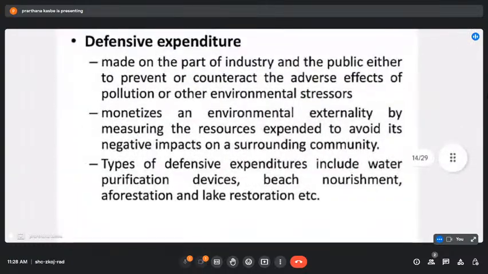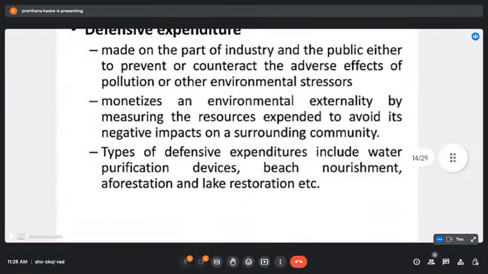So these are the valuation of environmental goods. When we discuss the valuation of environmental goods, the total economic value is there. The total economic value means all the values which add up in a particular thing. Then we have discussed revealed preference.